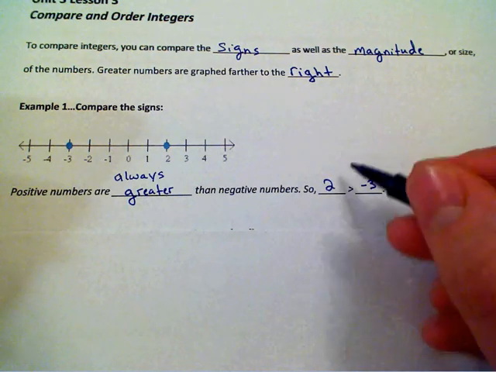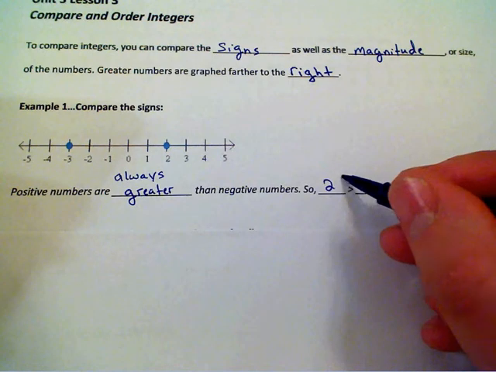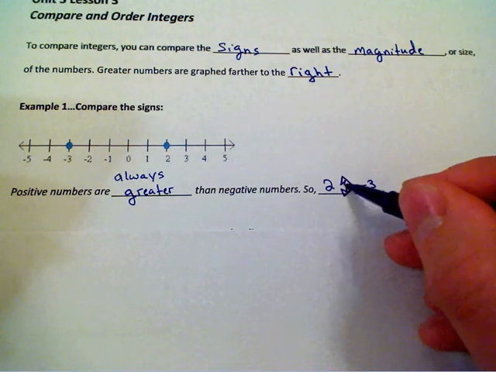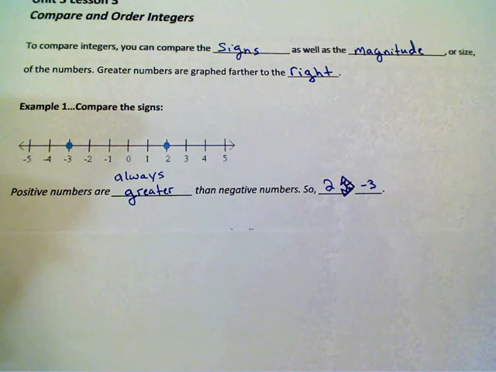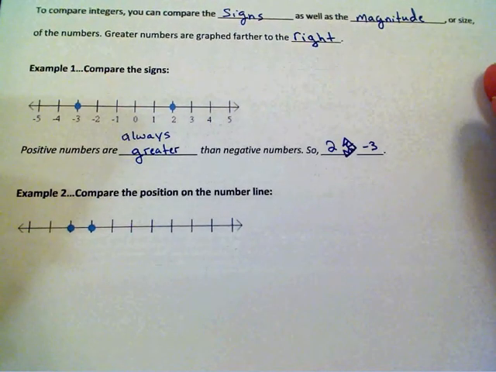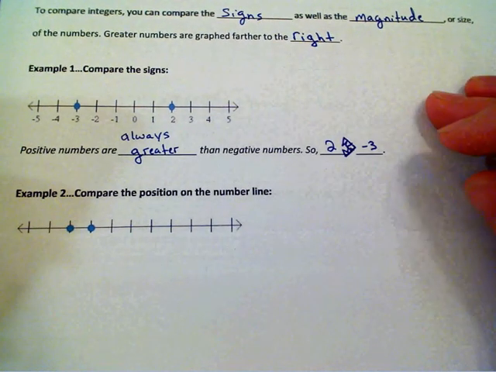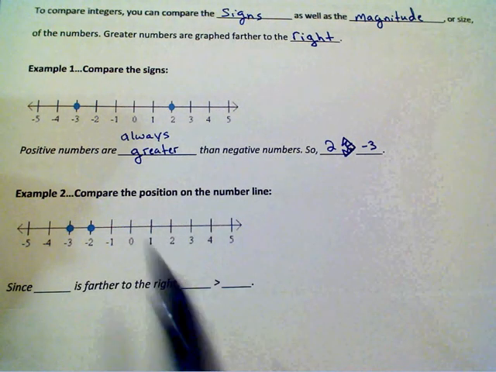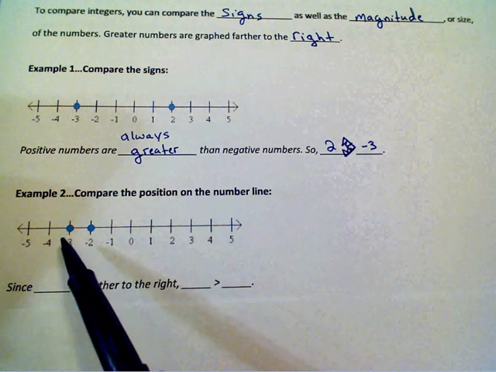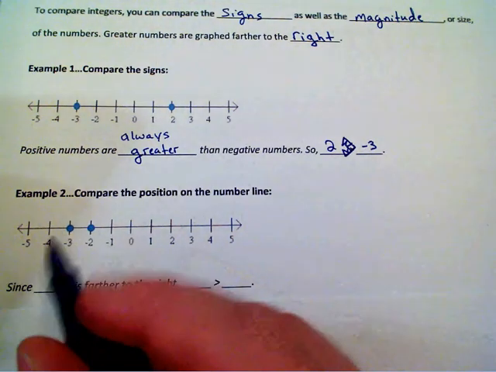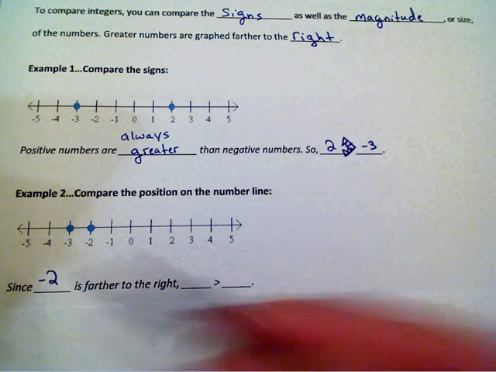When we write this, you always have to remember that the gator's mouth always goes towards the larger number. I always like to draw teeth in mine. So the gator's mouth always goes to the larger number. Now if we compare the position on the number line, or the magnitude of the numbers, we see that -2 is further to the right than -3, so -2 is larger than -3.